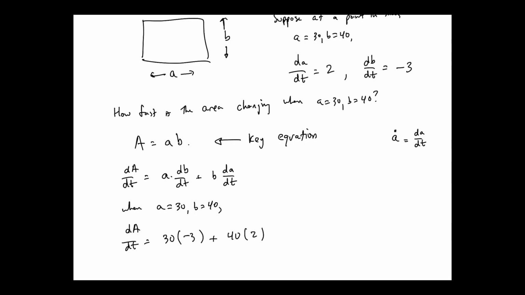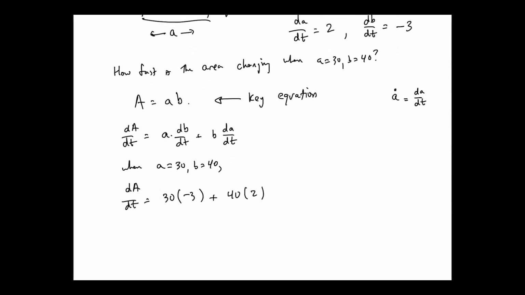Then we crunch the arithmetic, and we get negative 90 plus 80, which is negative 10. Distance units over time units, whatever they are. What does the fact that this is a negative number mean? Yeah, the area is decreasing at that moment.